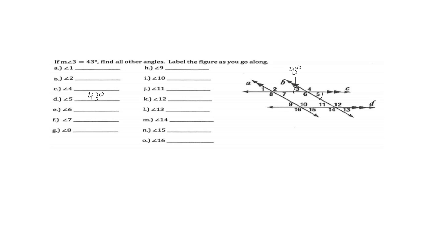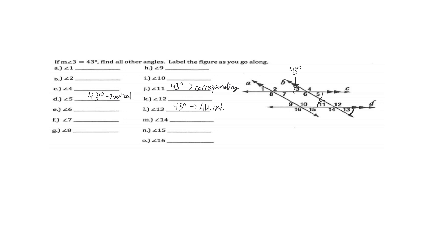So 5 is 43 degrees. Angle 3 is congruent to angle 13, because they're alternate exterior. 13 is 43 degrees because alternate exterior. Right, and then angle 11 because they're corresponding.